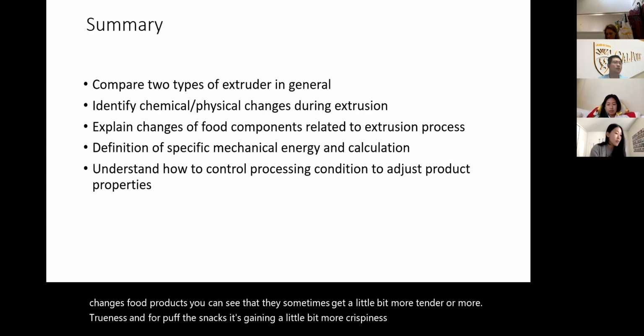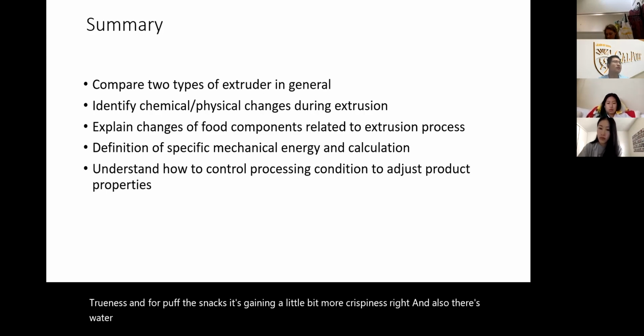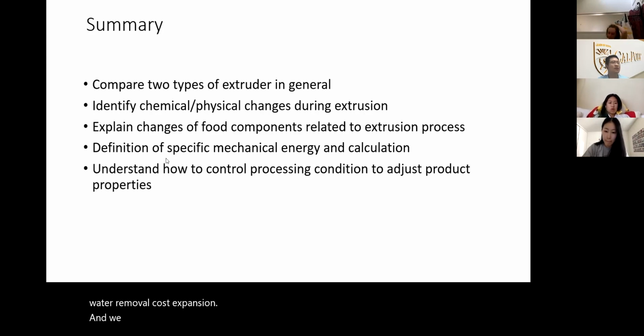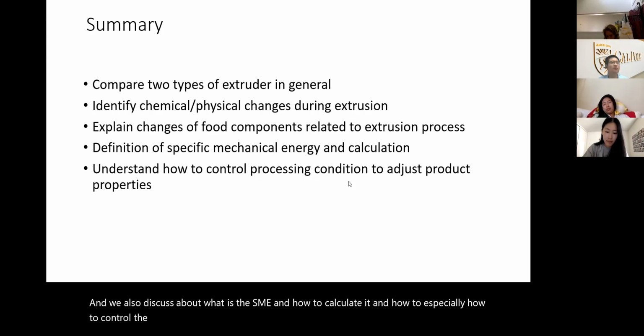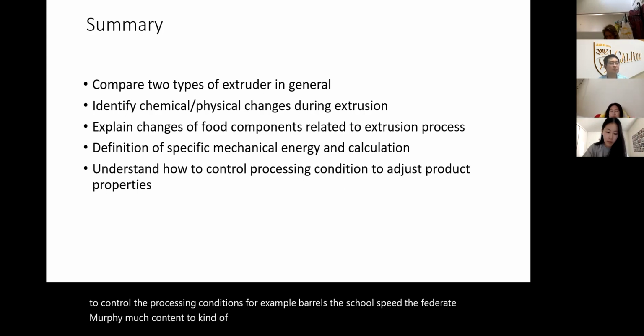Also there's water removal, expansion, and we also discussed what the SME is and how to calculate it, and especially how to control the processing conditions. For example, barrel temperature, screw speed, feed rate, and moisture content to adjust the product properties.